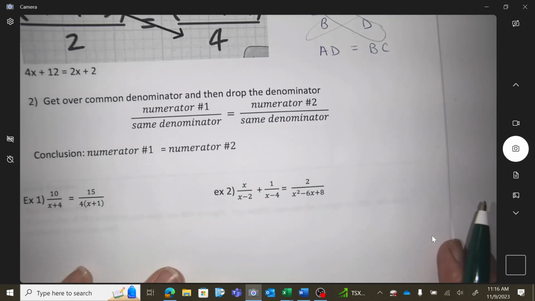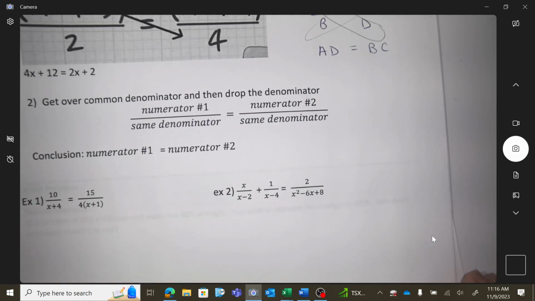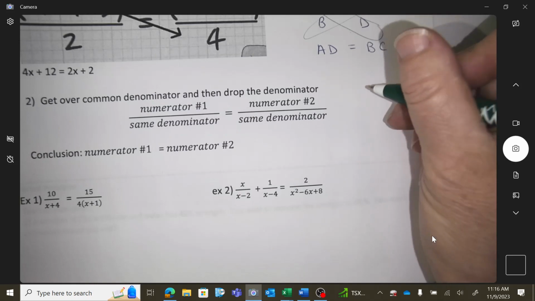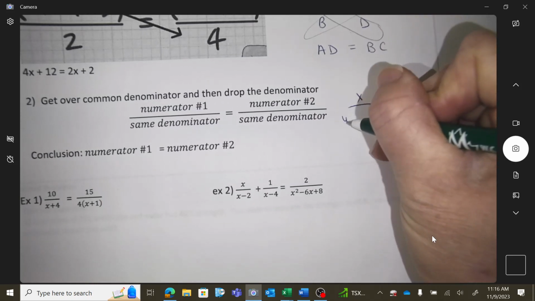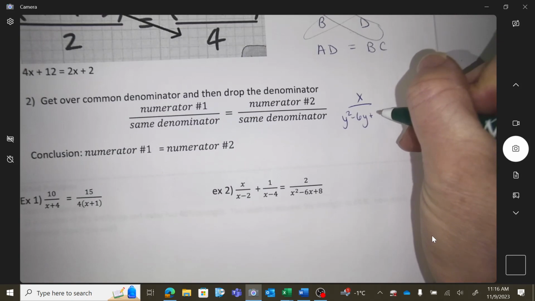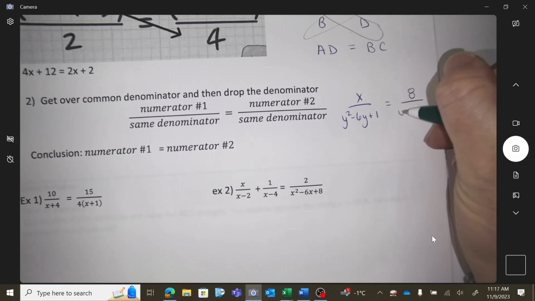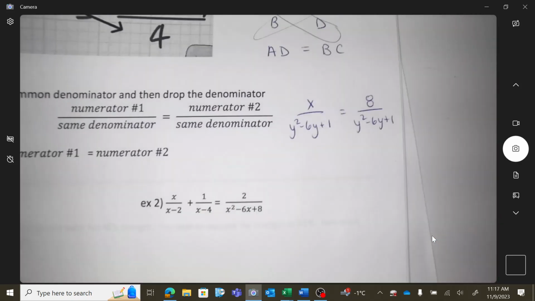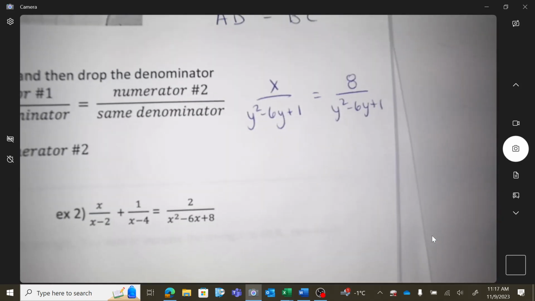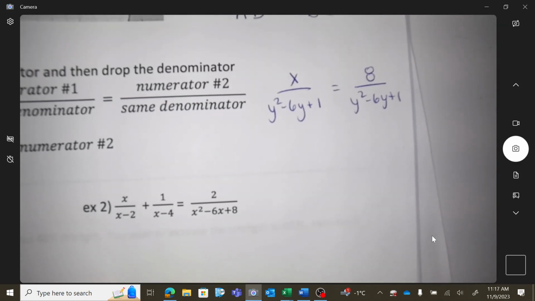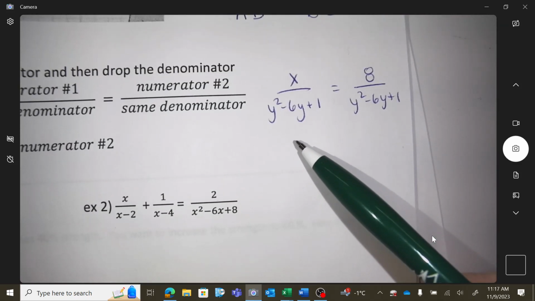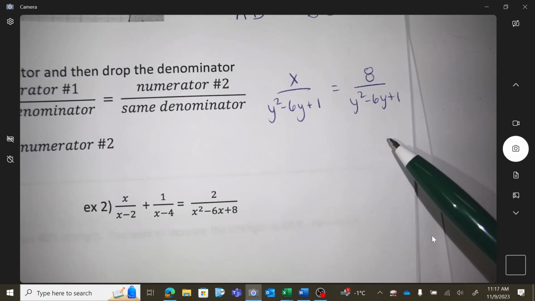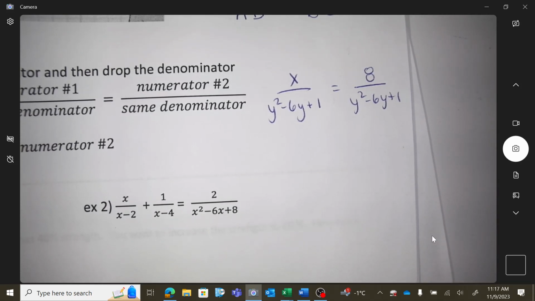Okay, method 2, get it over the same denominator and then drop. So for instance, if I had some kind of mumble jumble like this, you won't see something like this, but can anybody answer me the solution to x?